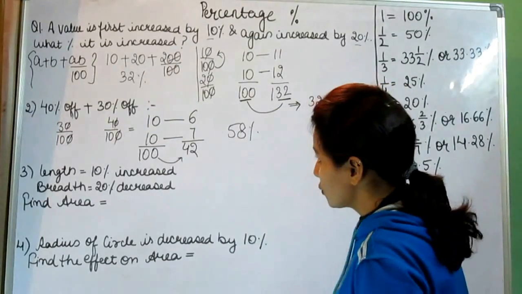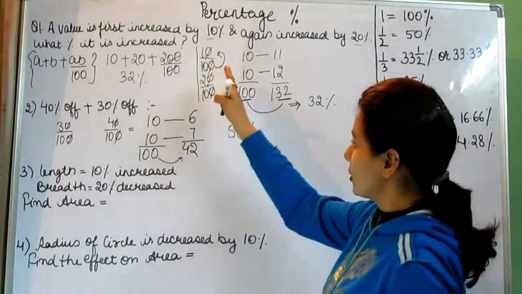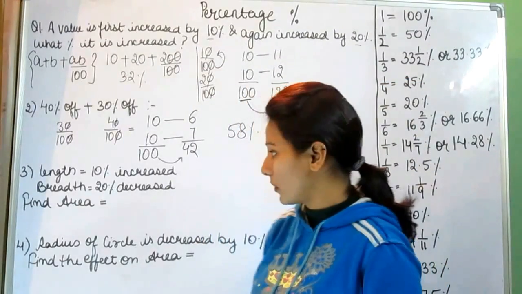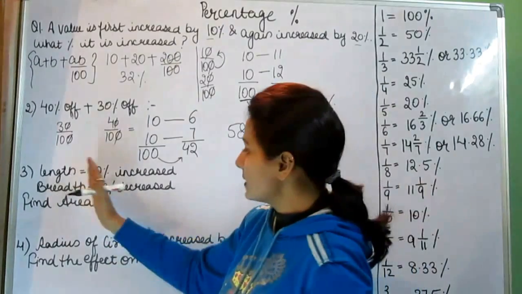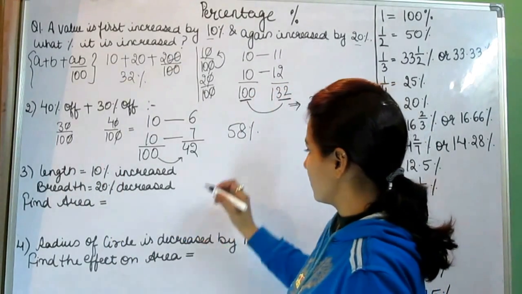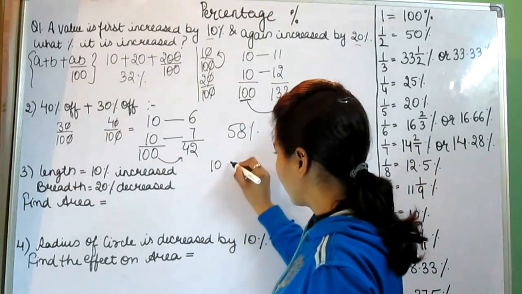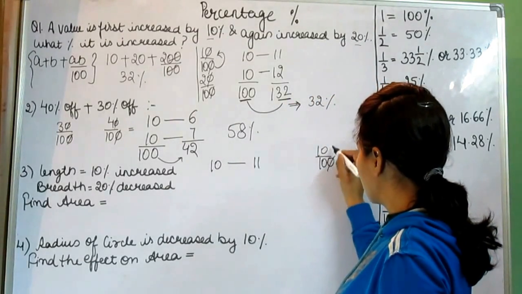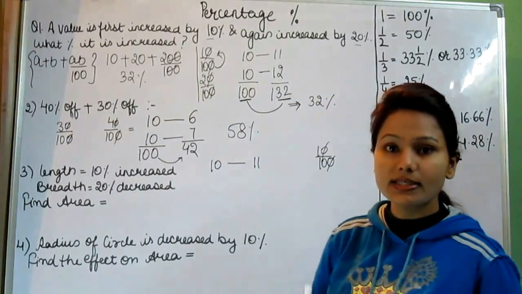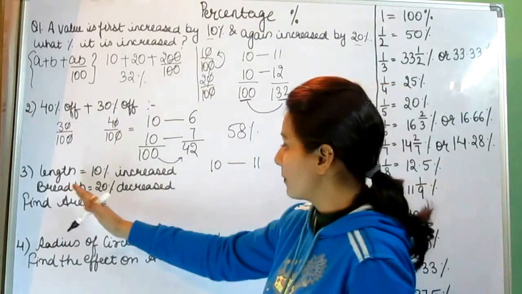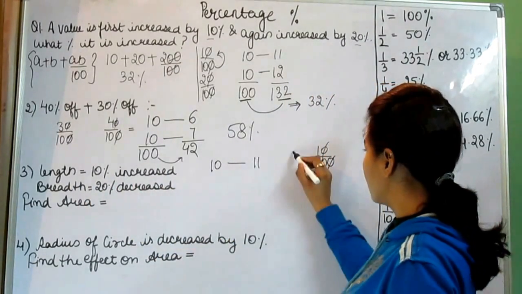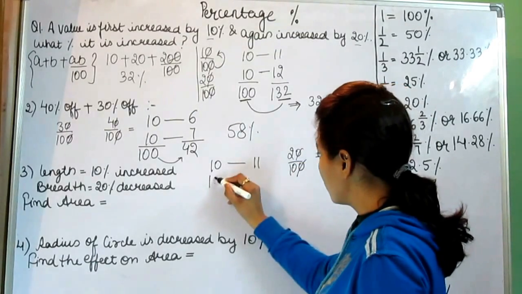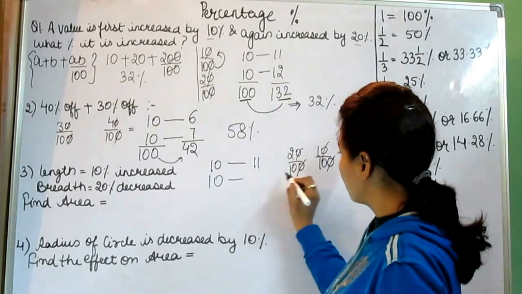Now see the third question. This formula or this trick we can use in mensuration as well. Let's say the length is increased by 10%. Increased means this one is added, because now it is increasing. And the breadth is decreased by 20%. 20% means this 2 will be subtracted from this 10.